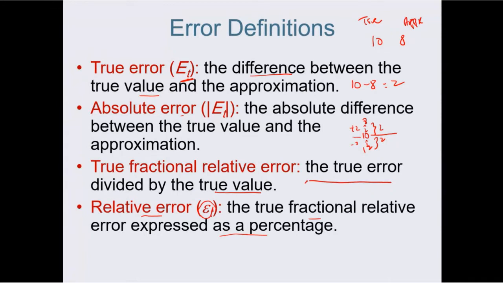So if the true error is 2 and the true value is 10, then the true fractional relative error is going to be 2 over 10, which is 0.2. And expressed as a percentage, the relative error is going to be 20%, which is just this number multiplied by 100%.